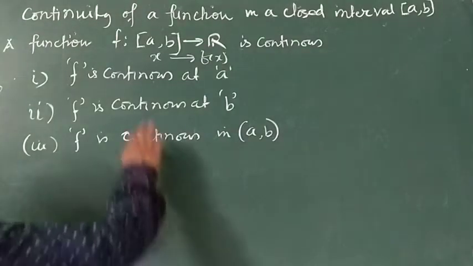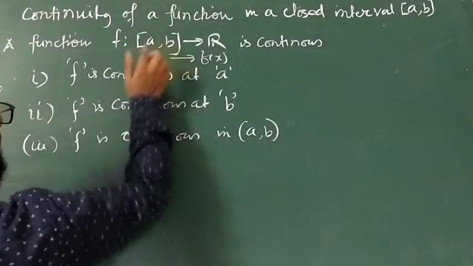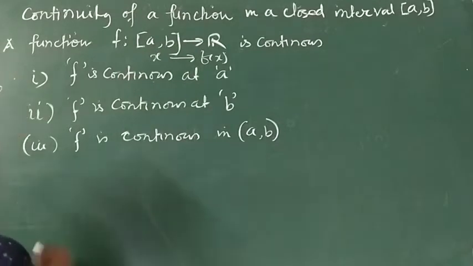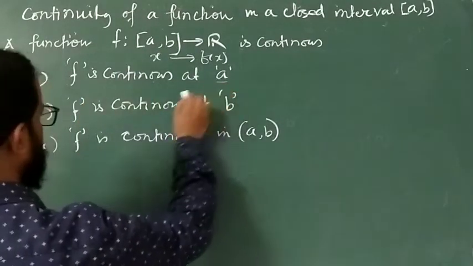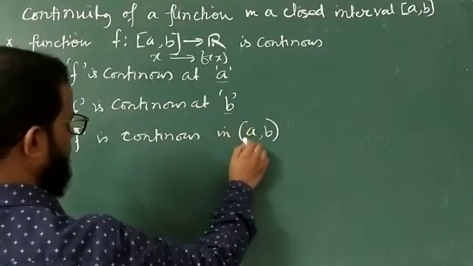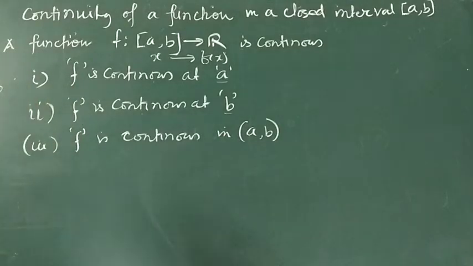Now f is continuous in this closed interval means f is continuous at a, f is continuous at b, and f is continuous in the open interval AB.